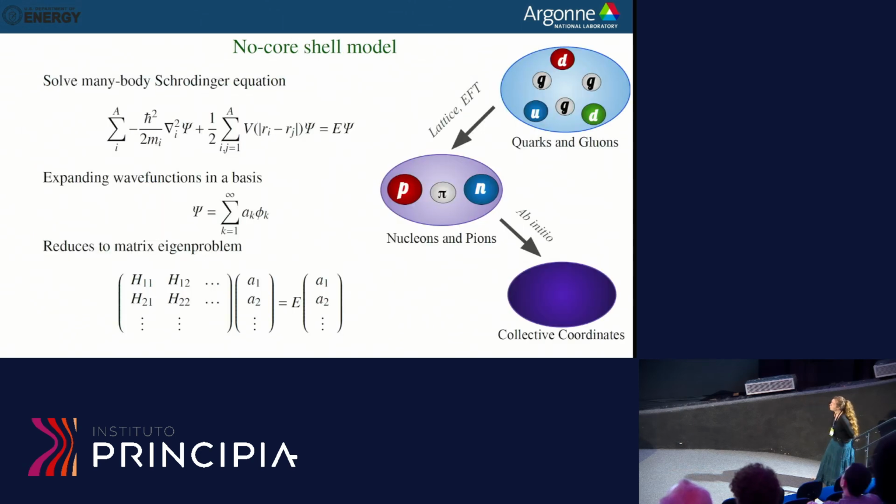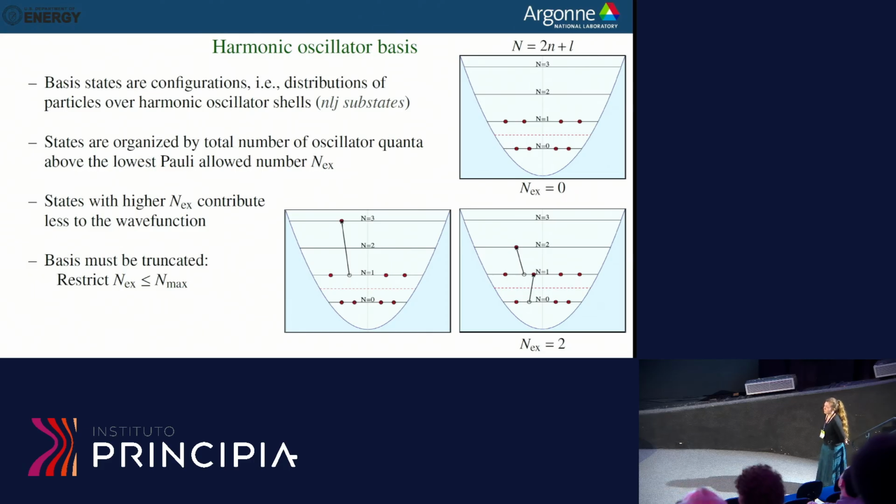Okay, so the no-core shell model in a nutshell, like Sayori said: we're trying to solve the Schrödinger many-body problem, and the way you do it in the no-core shell model is you expand your wave functions in some basis. This turns my eigenproblem into a matrix eigenproblem, which theoretically I can solve just by diagonalizing the Hamiltonian matrix. The basis that I use is called the harmonic oscillator basis, which I'm sure many of you are familiar with.